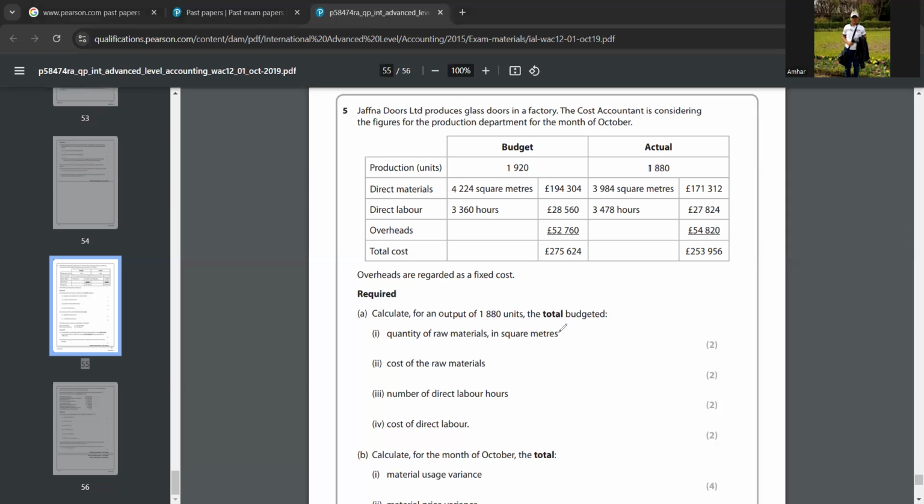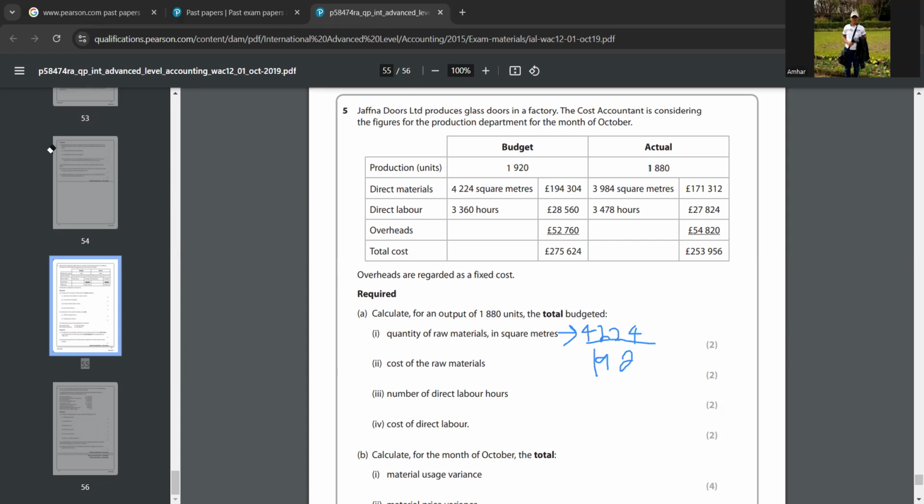So for part A, what you can do is 4,224 divided by 1,920. Do you know why we are dividing 4,224 instead of 3,984? Yes, because they're asking for the total budgeted one instead of the actual.